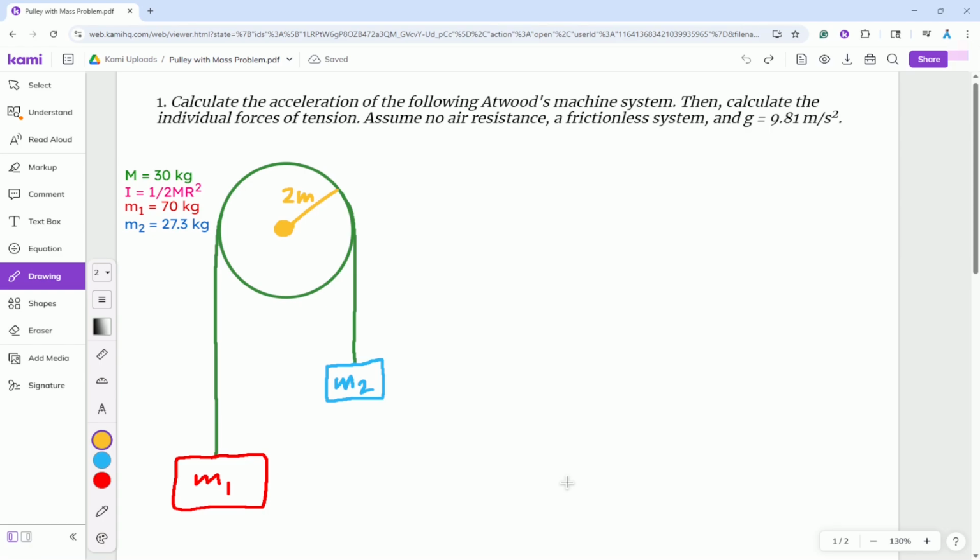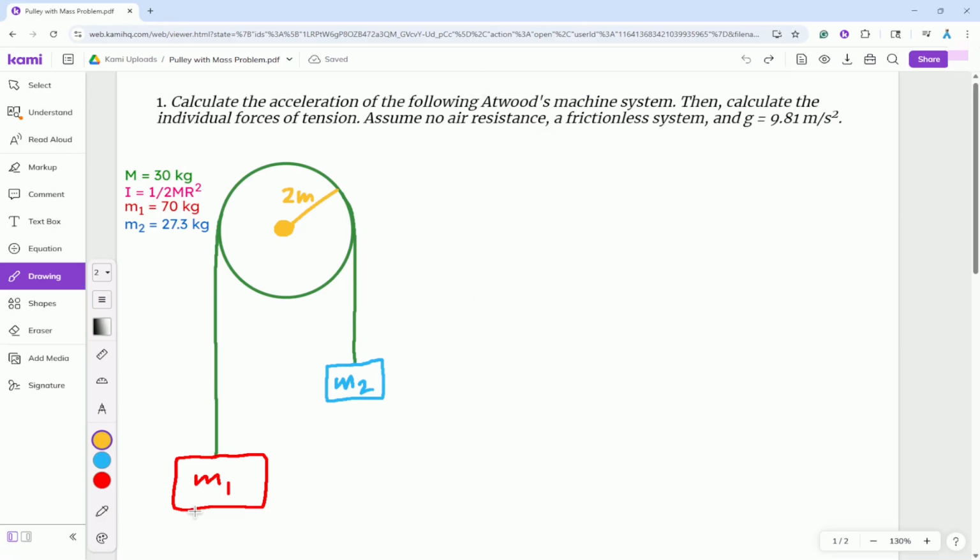Alright, Sigmas. So we have a pulley system, an Atwood's machine system, with masses M1 and M2, 70 kilograms and 27.3 kilograms each. And we have this pulley has mass.